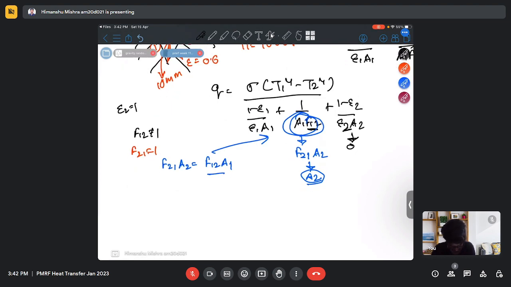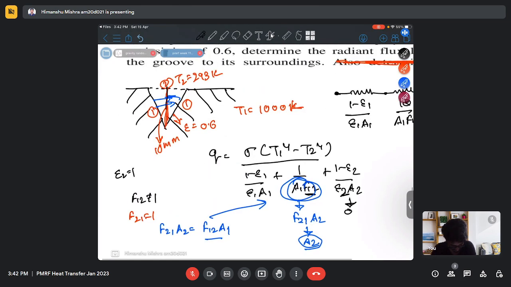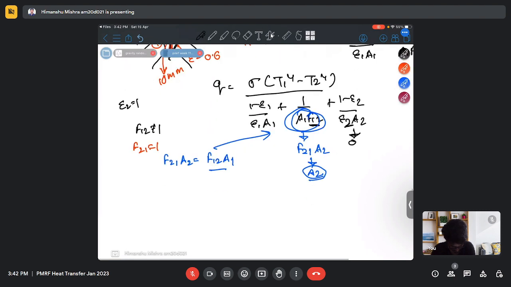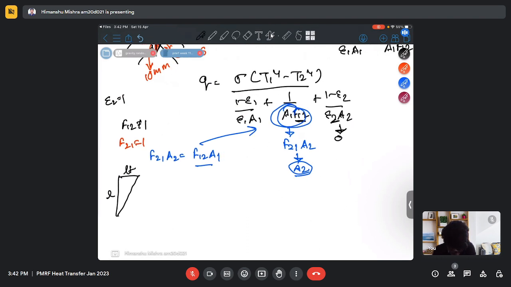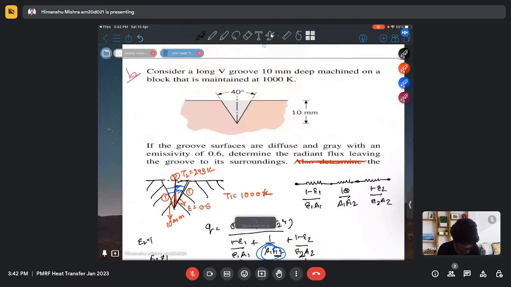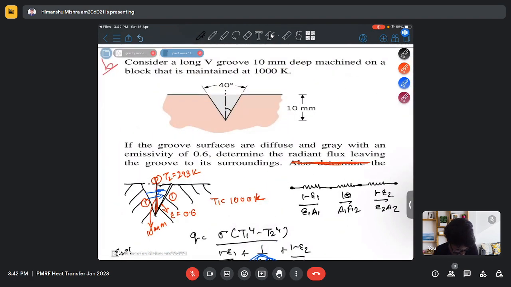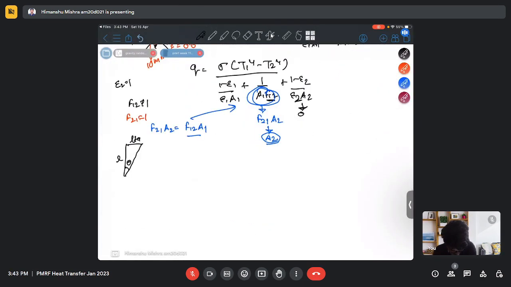And from trigonometry, this is my L, this is my L, and let's say this is my theta. We have been given this 40 degrees, so this theta is 20 degrees. So this side is L tan theta, and this is L by cos theta.